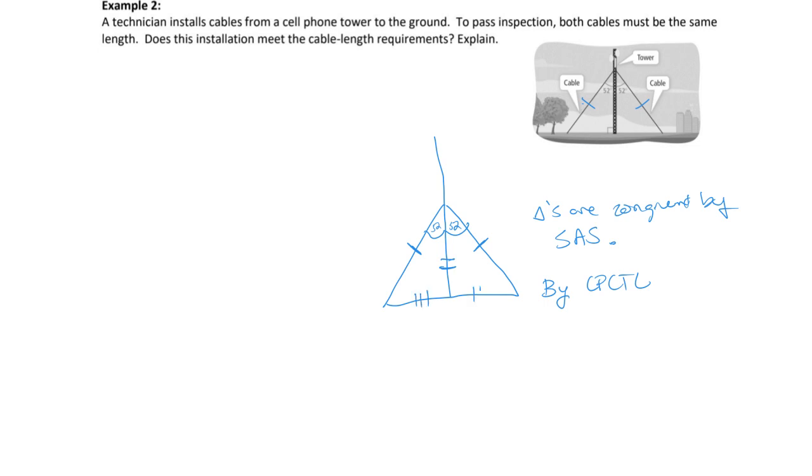So that means that these sides are also congruent. So the cables of each triangle must all be the same length.